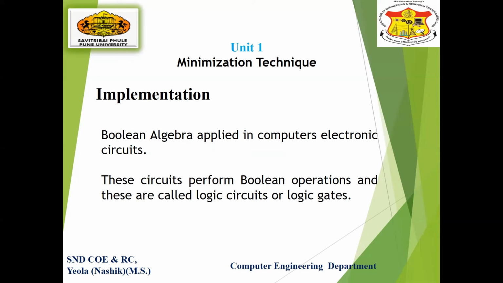But how will it be completed, or how can we apply this to computer electronic circuits? This is very simple, but it needs a crystal clear concept. All these Boolean operations depend on your logic circuit, and these logic circuits are made of logic gates.